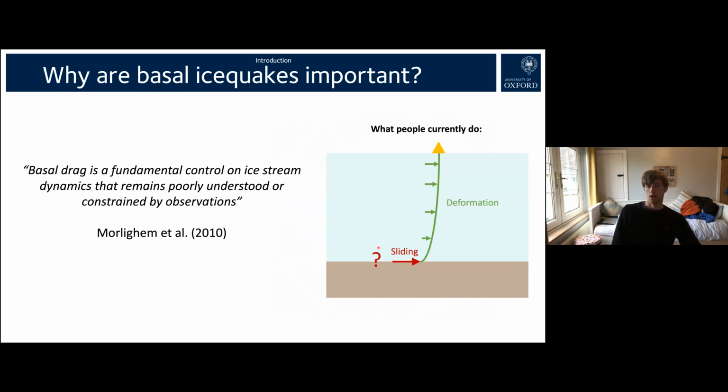So typically what many modelers do, and people looking at ice movement at the moment do, is they'll take surface observations, say from GPS or remote sensing observations like satellite observations, and they will take that surface velocity, and then they'll assume a model of deformation in the ice, or how much the ice is deforming, and then back out a rough approximation for sliding that way. What I'm going to show you is a way of using icequakes to get to this sliding directly. So we're going to remotely sense the sliding using these icequakes.